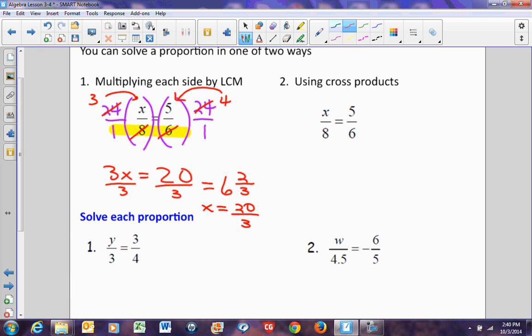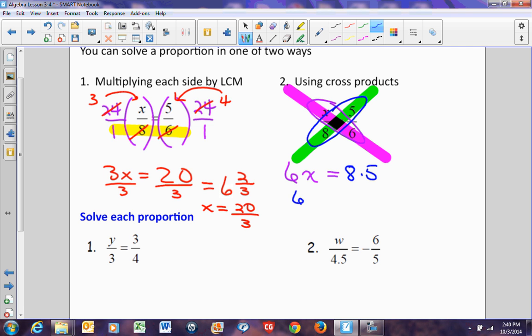And that was okay, but it seems to be a bit more complicated. The other way you could do it is using cross products. Using cross products means I'm simply going to multiply in a giant X, just like that. So I would multiply 6 times x, and that's going to equal, multiplying by the other part of the X, 8 times 5.